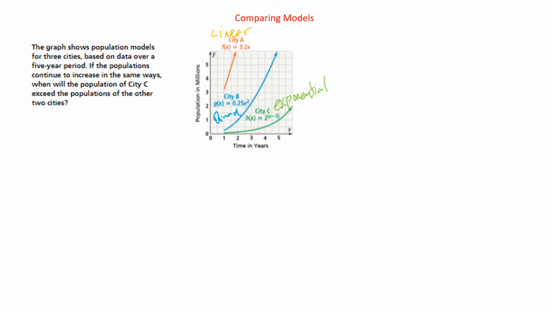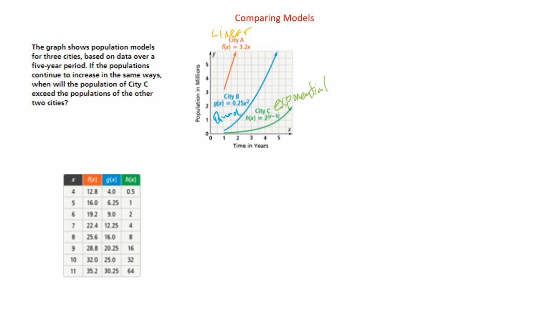So how could we tell when the population of city C will exceed the other populations? We could make a big table with each of them. So we'd have years for x, when x equals 1, when x equals 2, when x equals 3, when x equals 4, when x equals 5, when x equals 6. And we could just find the values for each of those just by plugging stuff in.